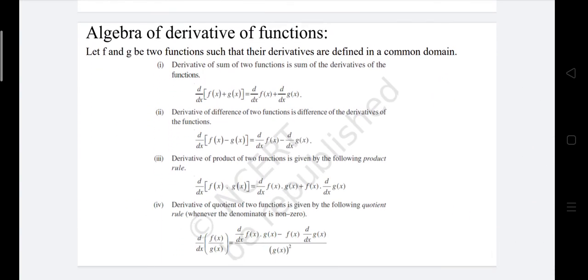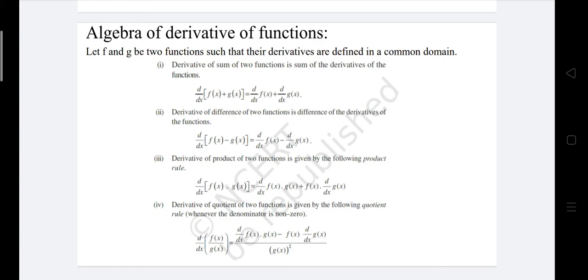Then move to some algebra. We have several algebra notations, and the same thing also applies to derivatives. If f and g are two distinct functions, like sin x or a polynomial function, then to calculate the derivative we can calculate individually.